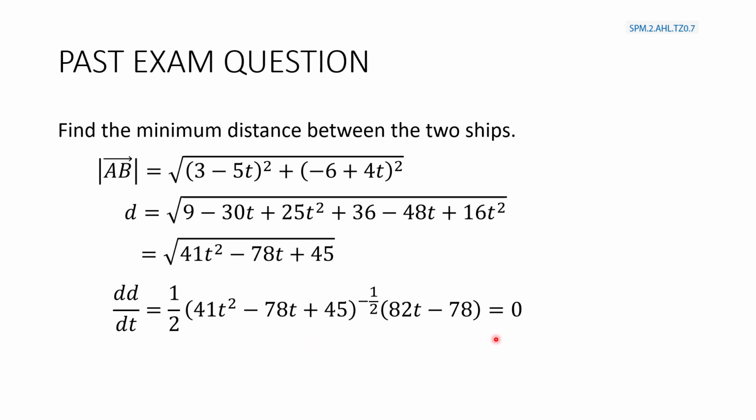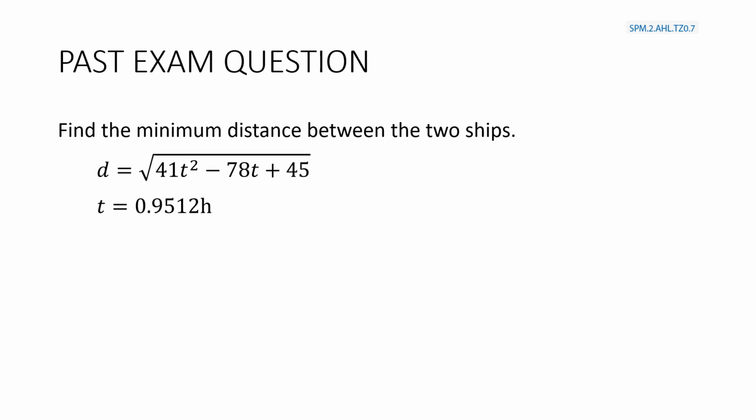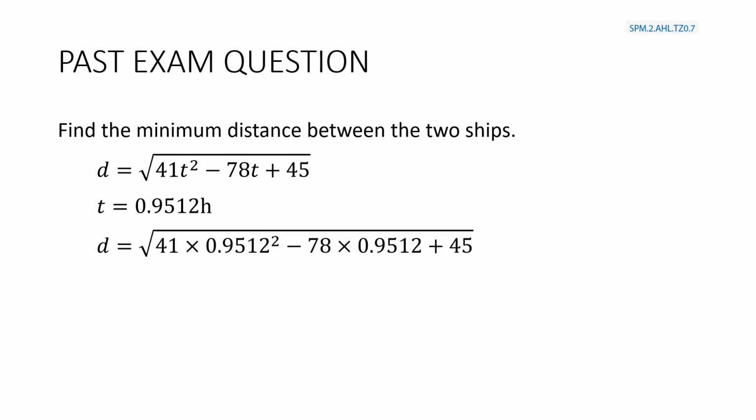And when I solve this equal to 0, this part here is all in the denominator, so it doesn't really matter. We only need to solve 82t minus 78 is equal to 0. So t is equal to 0.9512 hours. And then our final step is to substitute that into our equation for the distance. And so the minimum distance between the two ships is 2.81 metres.